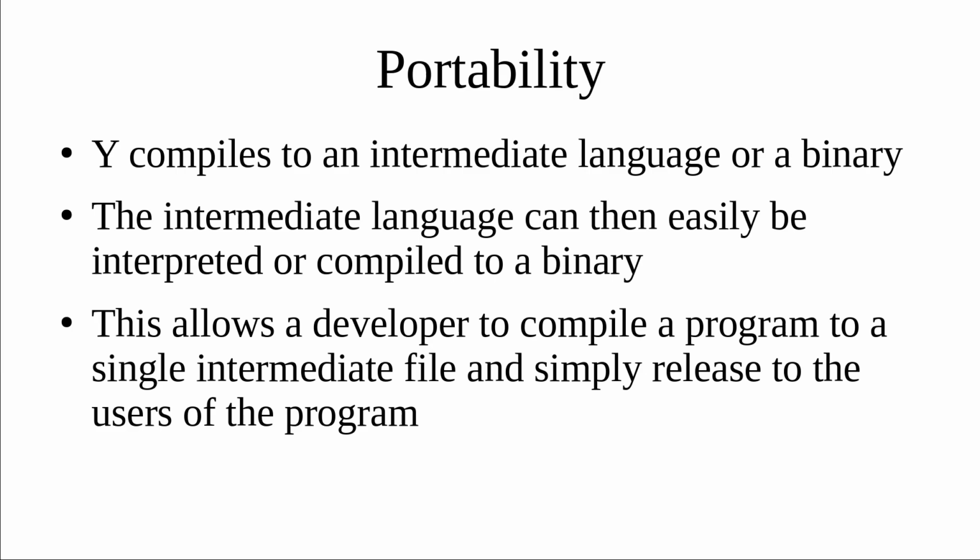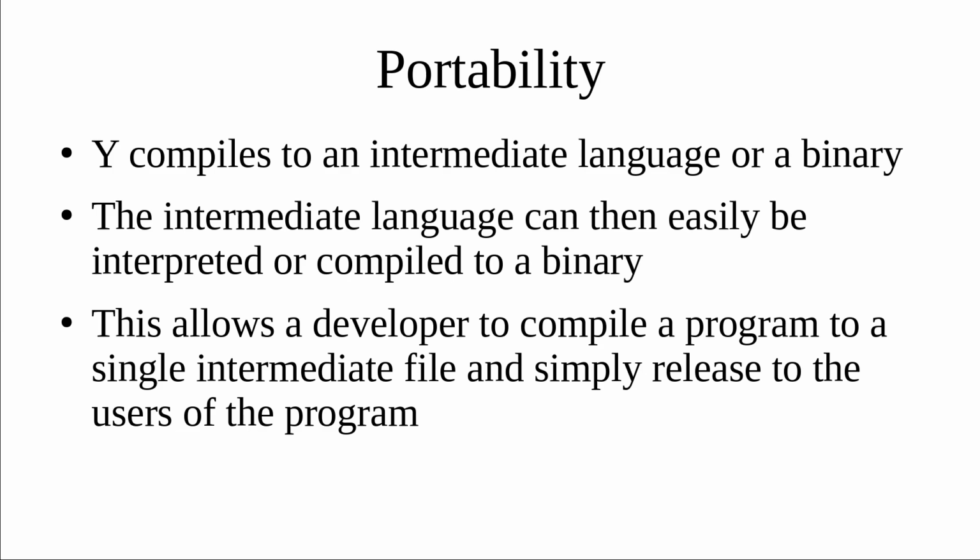And there's efficiency stuff like removing things that aren't used that allow this to really shine. So yeah, basically you compile to a single intermediate file or multiple, depending on what you're working on.